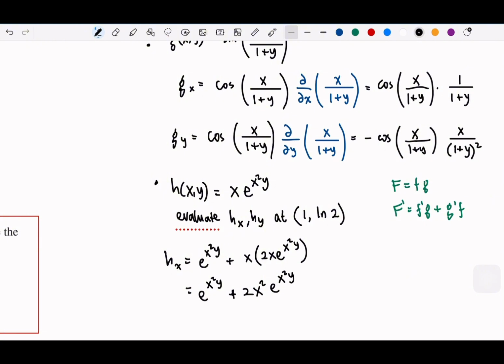Oh, I forgot to write y. Remember, y is a constant that we need to keep as it is, right?